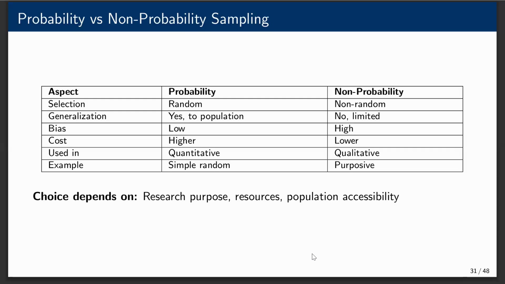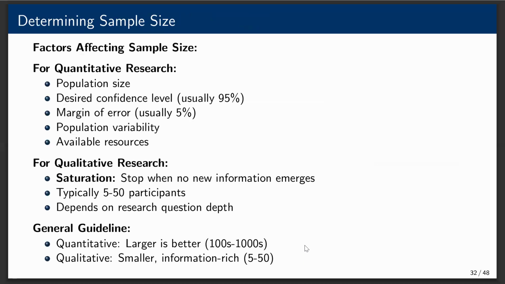Example is simple random sampling. In non-probability sampling, the selection is non-random, generalization is limited, bias is very high, and cost will also be lower. Used in qualitative research. Example is purposive sampling. The choice depends on research purpose, resources, and population accessibility.